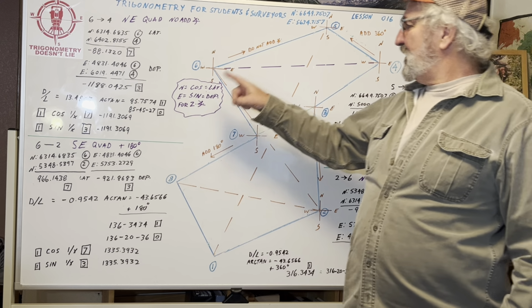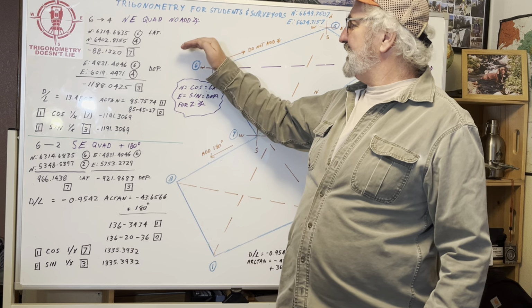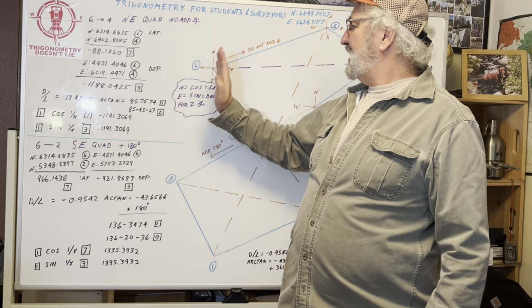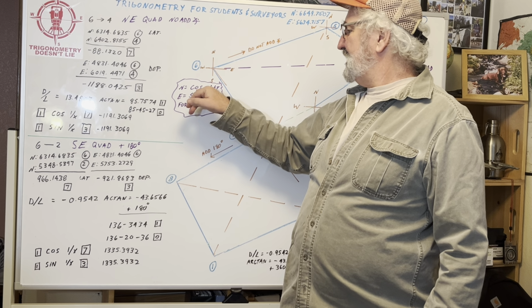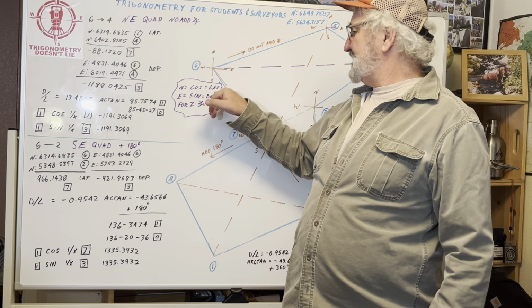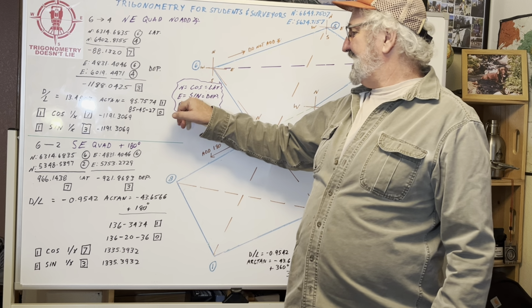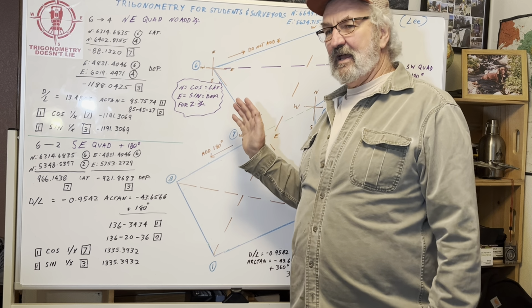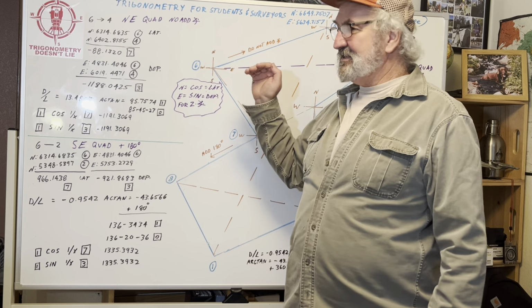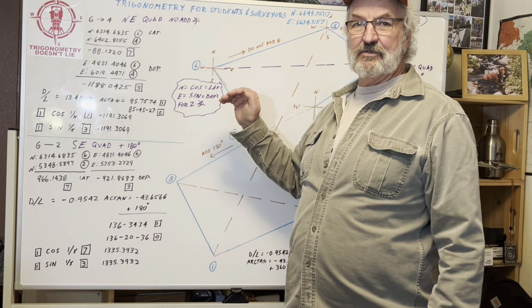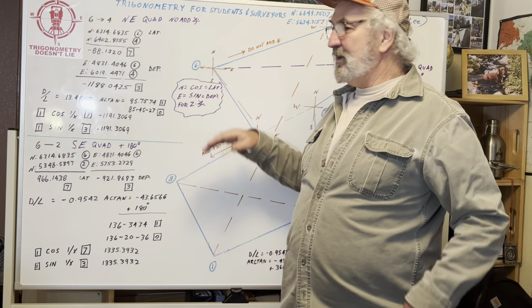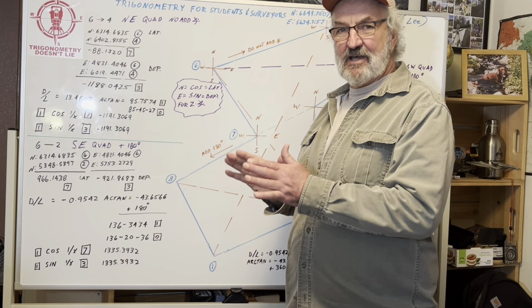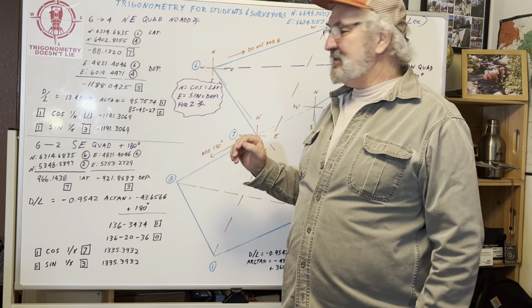So that's why we want to associate cosine with latitude and northing. Northing is cosine, is latitude. And northing and easting, as I've said before, are the same as latitude and longitude. It's just that in surveying we take a smaller grid size and we call it northing and easting.